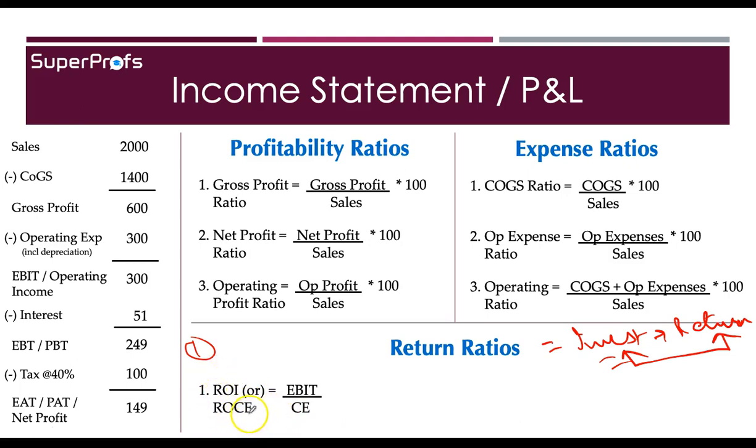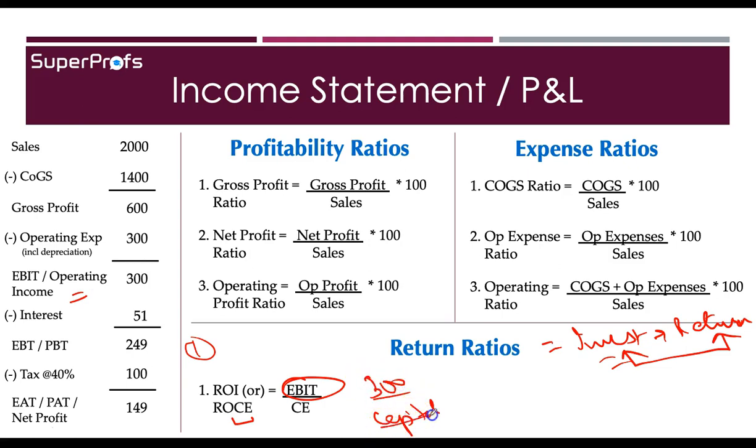Return on capital employed means you have to determine what is the return or the profit, how much have you earned against the capital employed. So in the denominator you will take capital, in the numerator you will take your profit, which is your EBIT, the earning before interest and taxes.